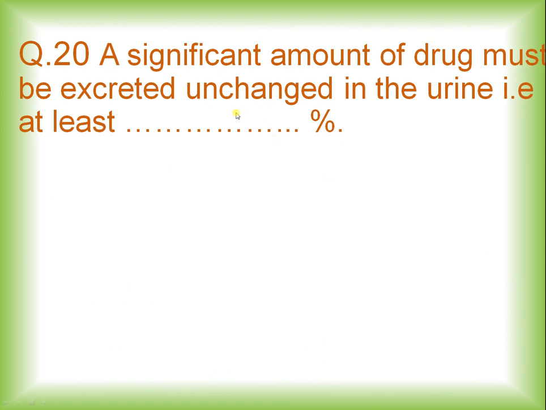Next question. A significant amount of drug must be excreted unchanged in the urine, that is at least dash percent. Options are 5%, 7.5%, 10, 12.5. And the right answer is option C, that is 10.